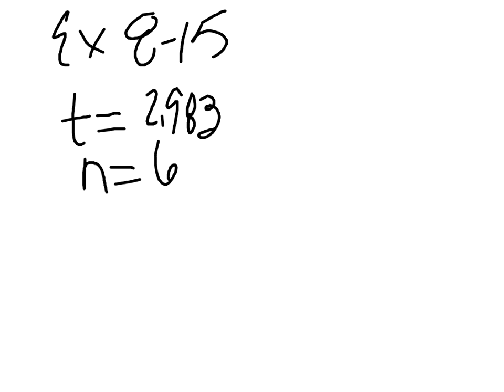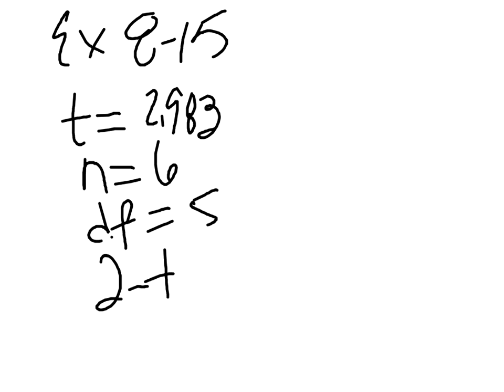That, of course, means that our degrees of freedom is 5. And this test is two-tailed. So, of course, I'll have to put this on the top of the next page here, crudely, of course, but it's good enough to show what's happening here.